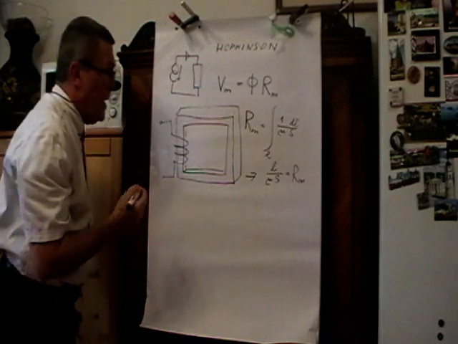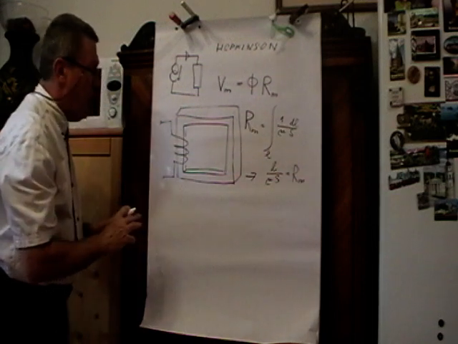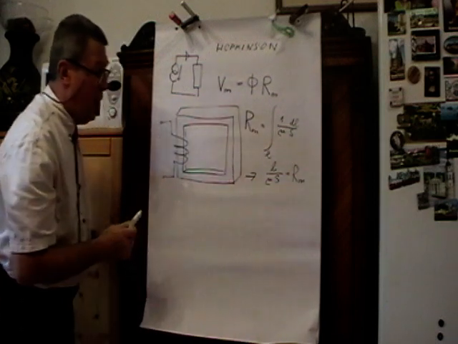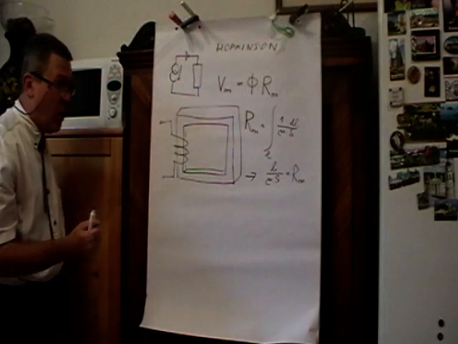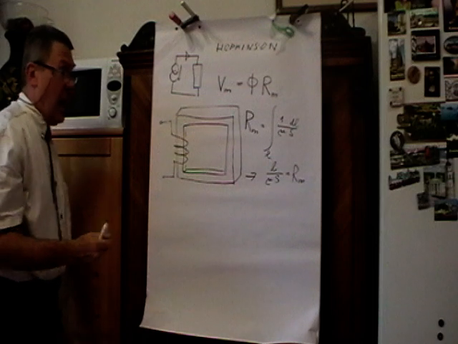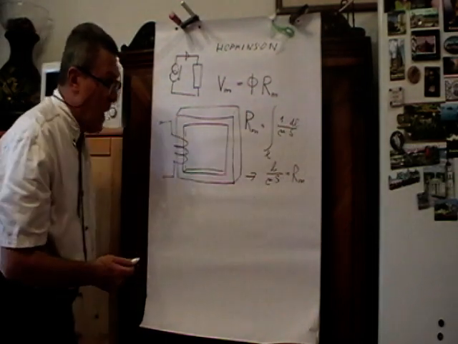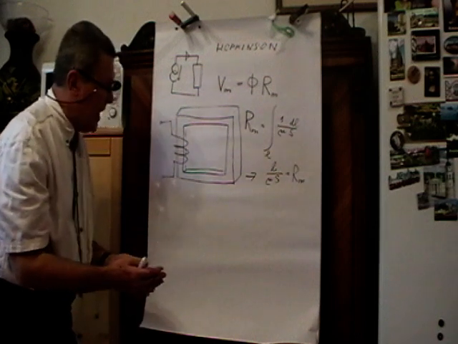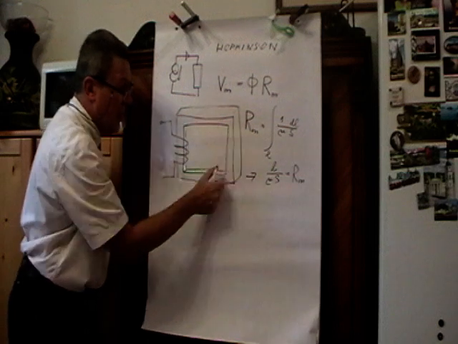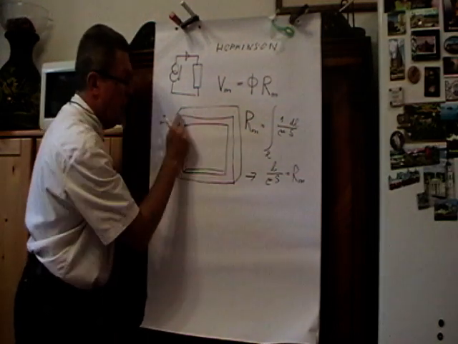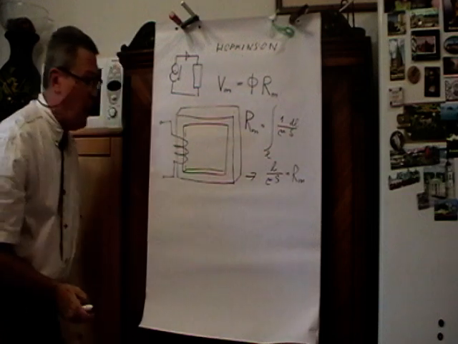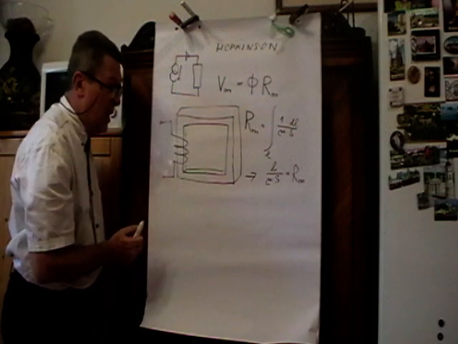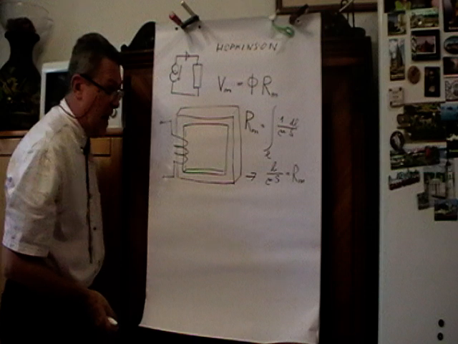Now if we have this symmetry, in fact we have four identical parts that form the core all together. And as reluctance behaves like resistance, we could say that those are four reluctances in series. The whole flux flows through 1, 2, 3, and 4 identical parts. So the total reluctance of this core would be 4 times the reluctance of one side of the core.